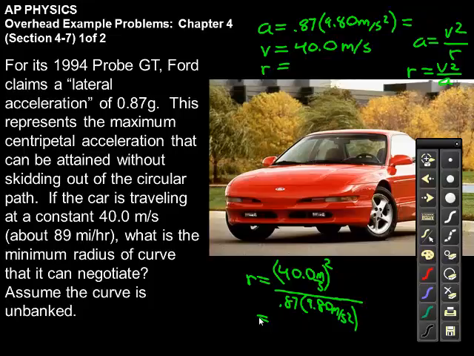That's a pretty wide curve, but we're moving really fast. So you don't want to, like, take a right-hand turn onto your street, from Wilson onto 40th Street, moving at 89 miles an hour because, yeah, you flipped that puppy. So it is going to be a big circle. So 190.